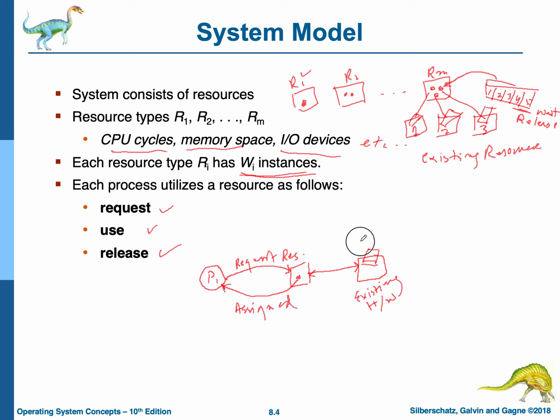Once it is assigned, P1 uses the resource, and when the job is completed, the resource is released. So this dashed line is deleted and this request line is also deleted. A system process utilizes a resource using this cycle: request, use, and then release.